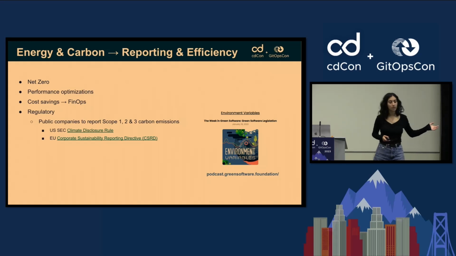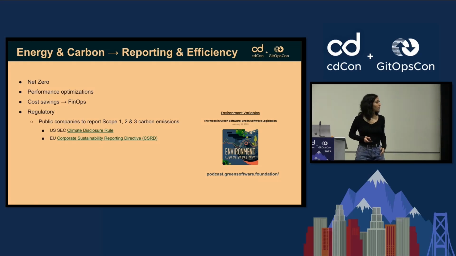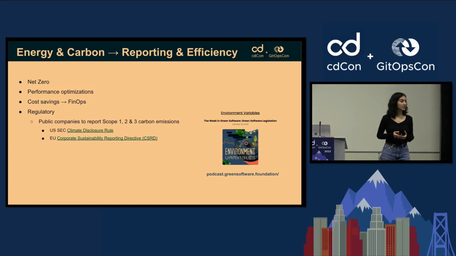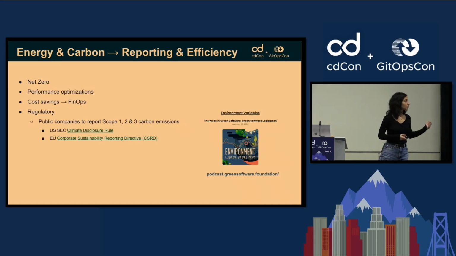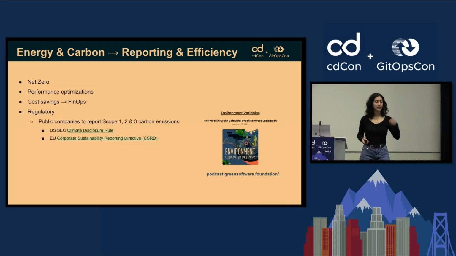And there are also regulatory drivers. In the US, the Securities and Exchange Commission, the SEC, has an upcoming rule called the Climate Disclosure Rule, which will require publicly traded companies to report on their carbon emissions, Scope 1, Scope 2, and Scope 3. That's direct, indirect, and embedded emissions.